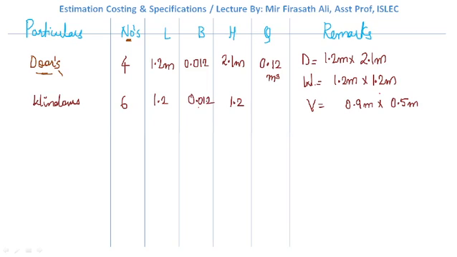If you multiply 6 into 1.2 into 0.012 into 1.2, we will get 0.103 meter cube.